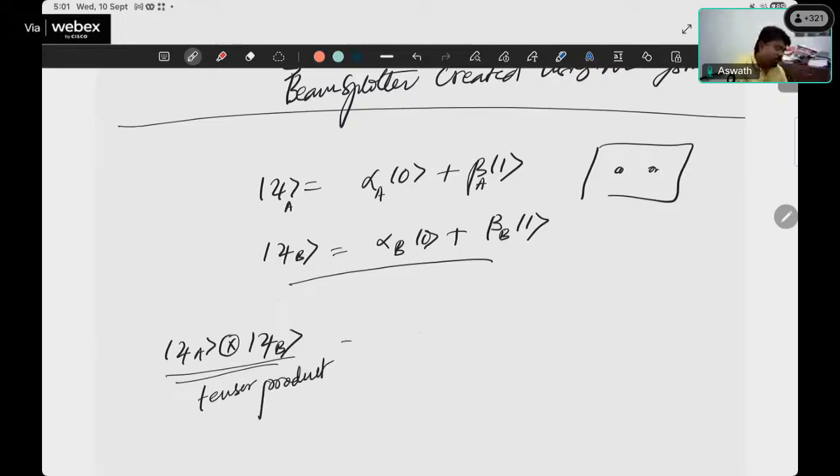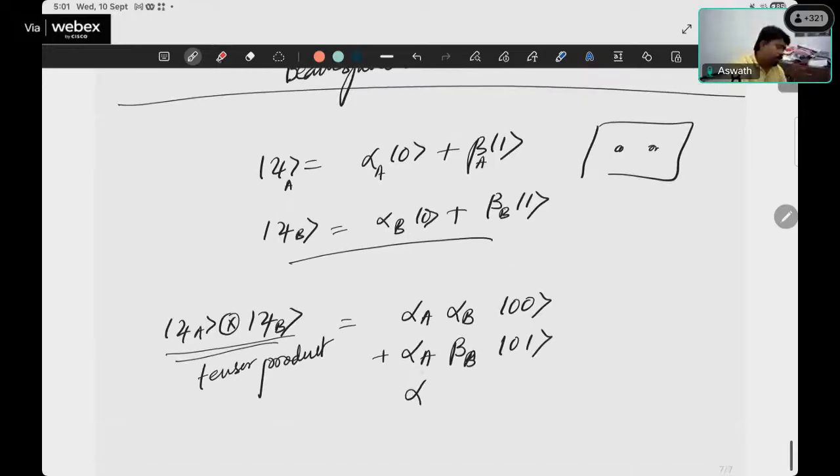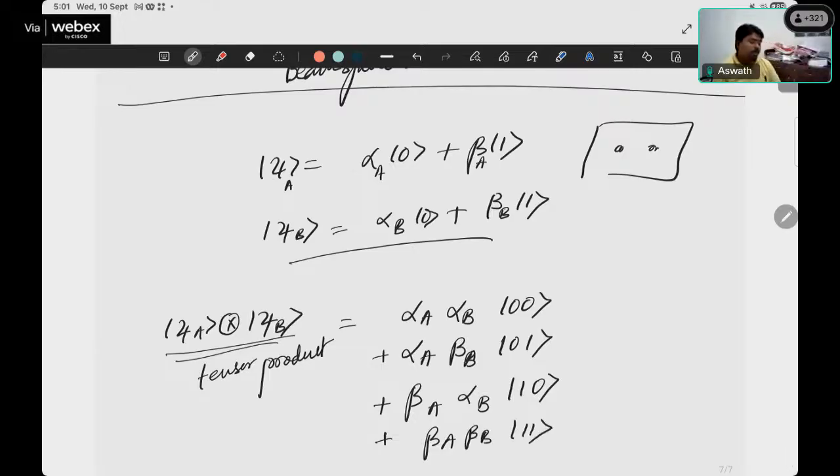So the tensor product is alpha A alpha B |00> plus alpha A beta B |01> plus beta A alpha B |10> plus beta A beta B |11>. This is what results when I bring two atoms or two qubits together.